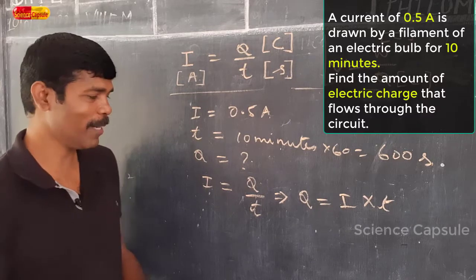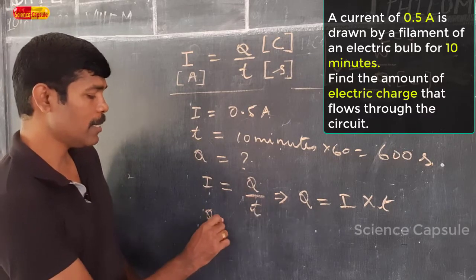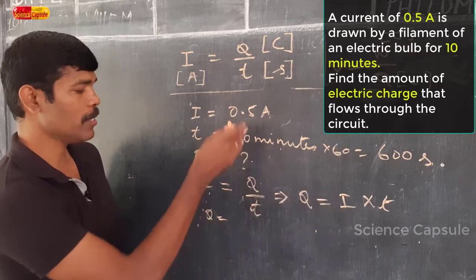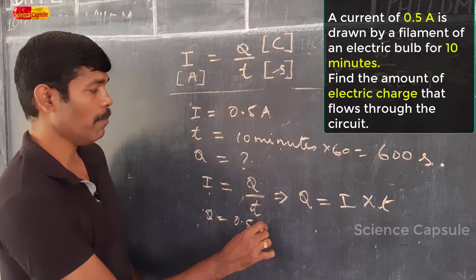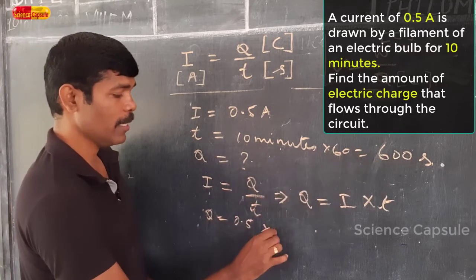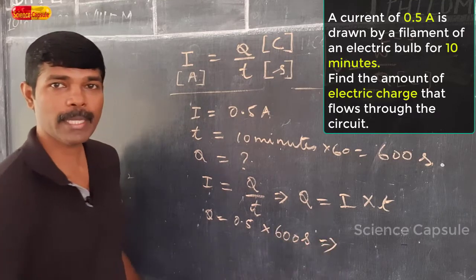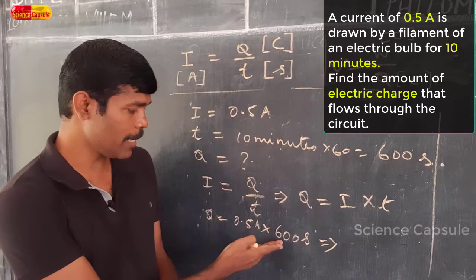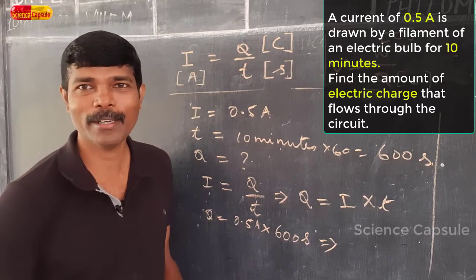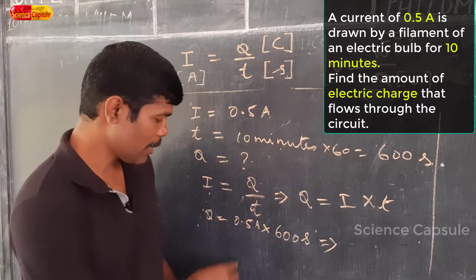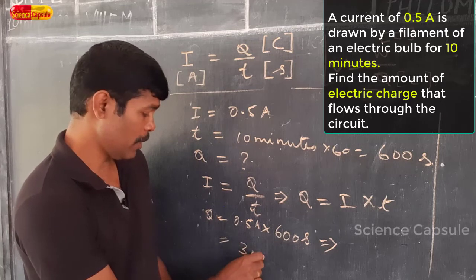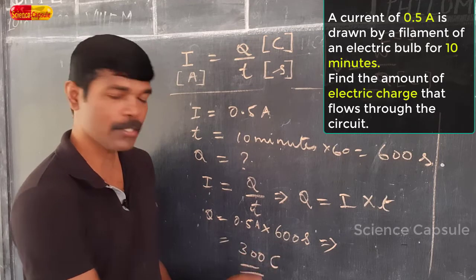So it's very simple, right? Q is equal to I, which is 0.5, multiplied by time, which is 600 seconds. What would be the answer here? Half of 600 seconds would be 300. So here 300 coulomb of charge. This would be the answer.